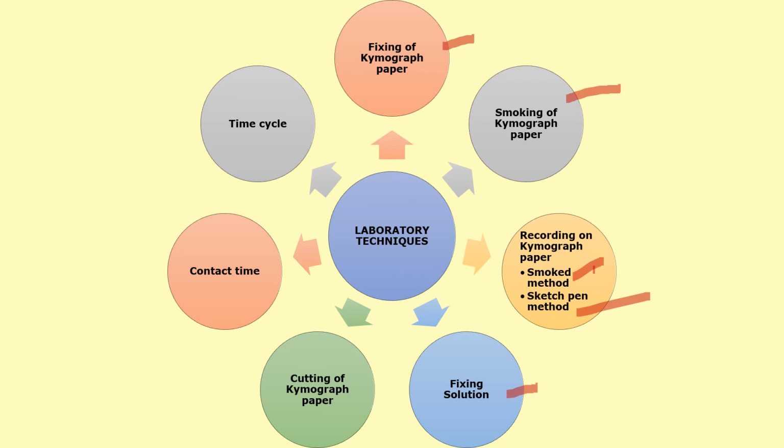That 150 gram of resin is dissolved in 2 liters of spirit. Both of them are kept as they are for a period of 1 week. After 1 week, filtration is done, and whatever filtrate you have obtained is used as a fixing solution for fixing of the tracings which you have obtained on the smoked paper.